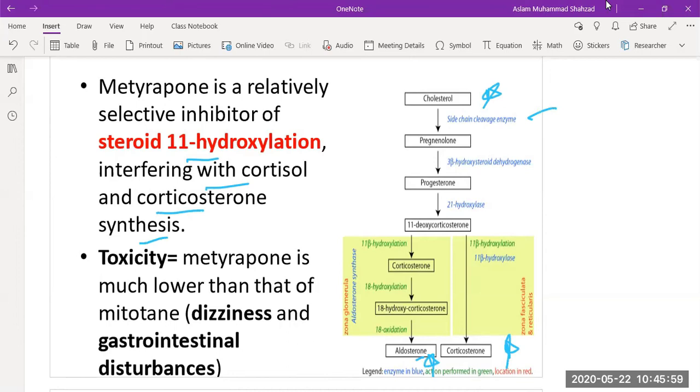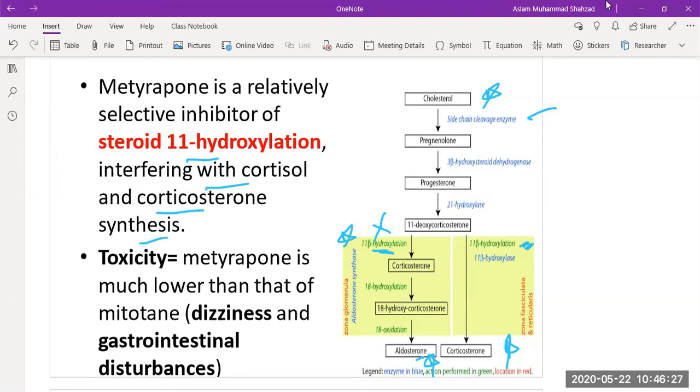So what are these drugs actually doing? The main thing these drugs are doing is that they are selective inhibitors of steroid 11 hydroxylation. So they are inhibiting this step. By inhibiting this step, or by stopping the production of the enzyme 11 beta hydroxylase, the aldosterone production will be stopped.